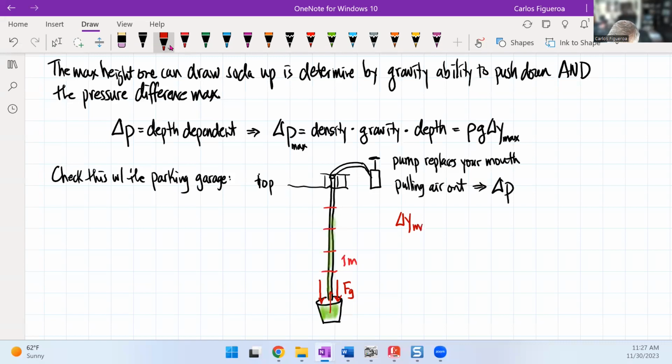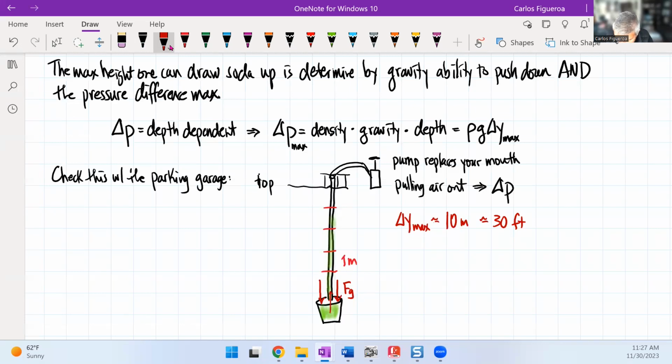The maximum, I should have looked this up, is somewhere around 10 meters, which is around 30 feet. It's a little bit more than 30 feet. My mind tells me it's like 33 or something like that. But that's the idea. Do you get to that maximum height?